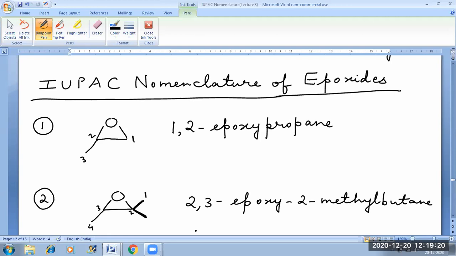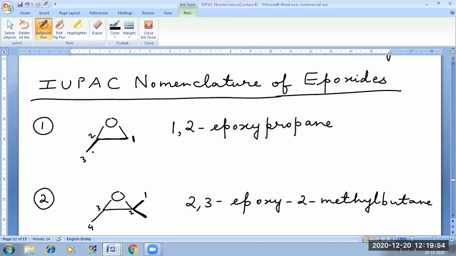So look at the first example. The rules are the same, just number the longest chain. 1, 2, 3. So 3 is the longest chain. This one. 1, 2, and 3. So propane will be the suffix because the longest chain is of 3 carbon atoms. 1,2-epoxy.